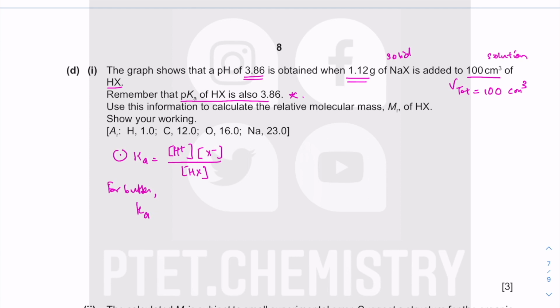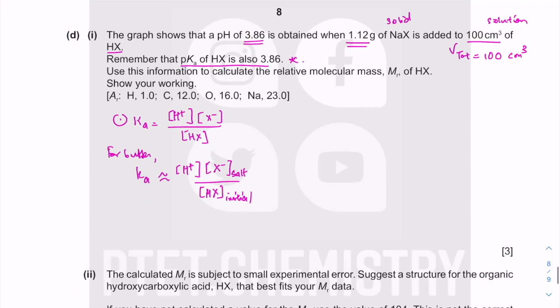So essentially, I could approximate that to [H+] at equilibrium, [X-] from the salt, and of course very little of the weak acid dissociates. That's why the concentration of HX at equilibrium is roughly similar to the initial concentration of HX. So what you could do in reality is take a negative log of all of these, and then you will get this expression.